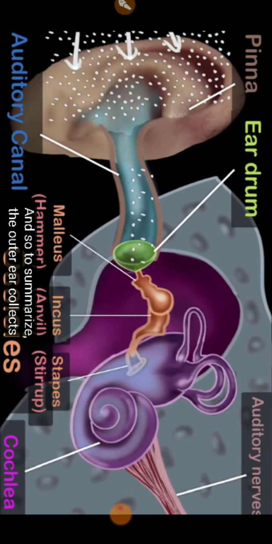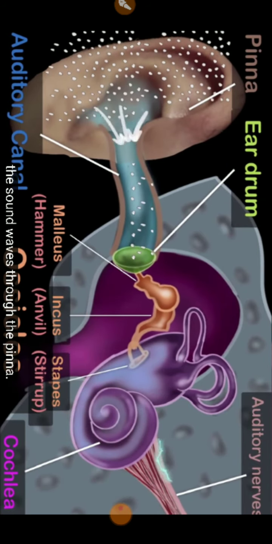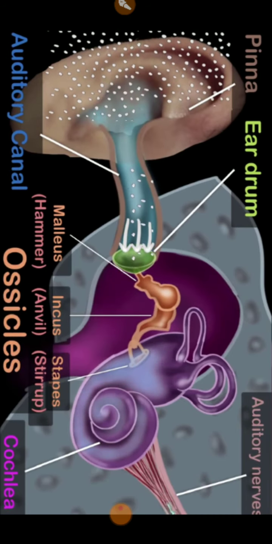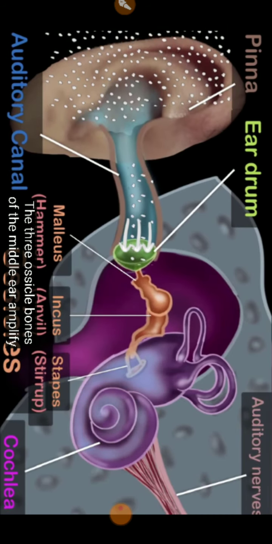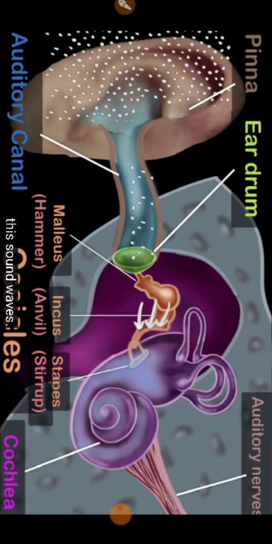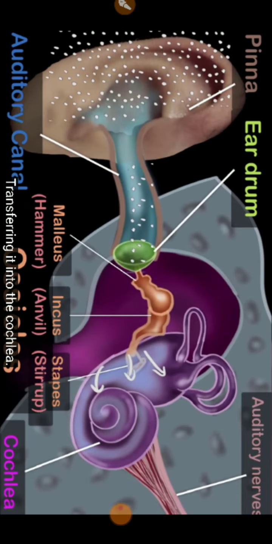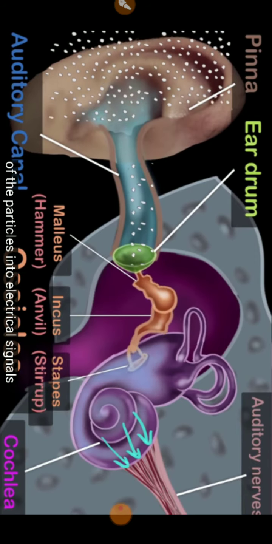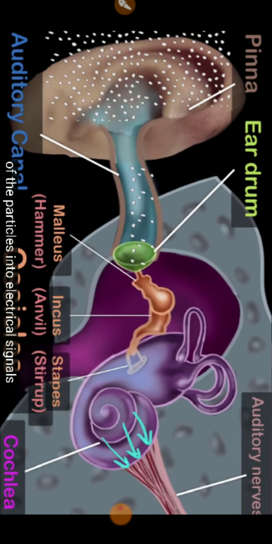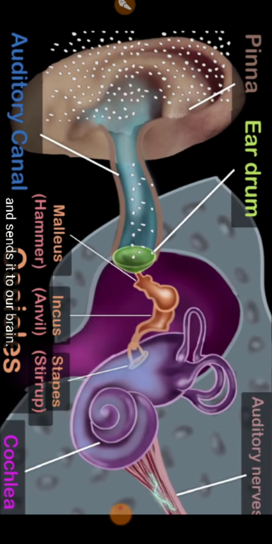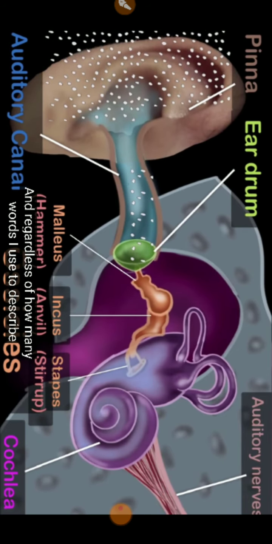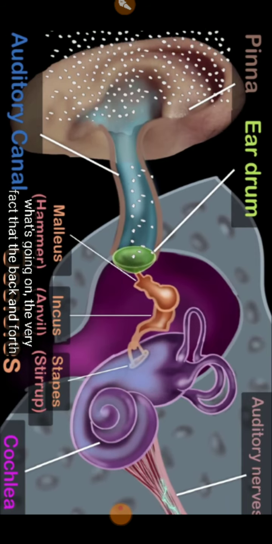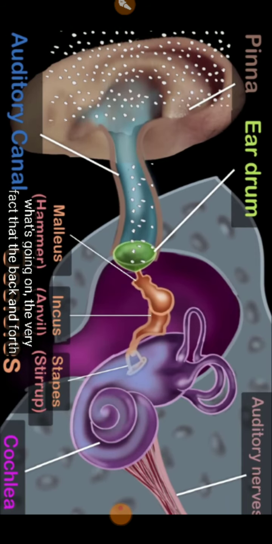Okay, so let's summarize. The outer ear collects the sound waves through the pinna and directs them to our eardrum. Now the eardrum sends them forward to the three ossicles: hammer, anvil, stirrup. The stirrup increases the pressure and sends it to the cochlea, the cochlea converts it into electrical signals, and it sends it into our brain through the auditory canal. Okay, it is going on every time.